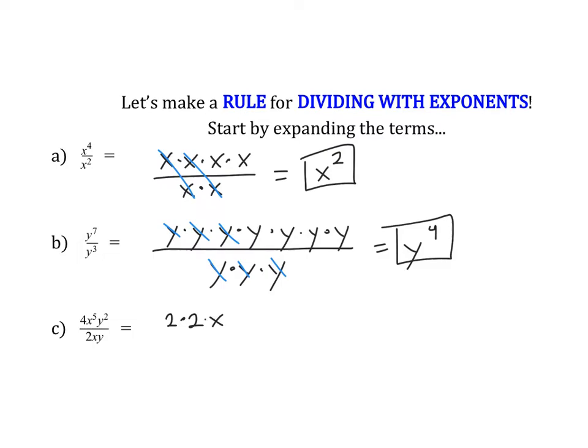X to the power of 5 is x times x times x times x times x. Y squared is y times y. And then we divide by 2 times x times y. So one 2 cancels out, an x cancels out, and a y cancels out. So what I have left is 2x to the fourth y.